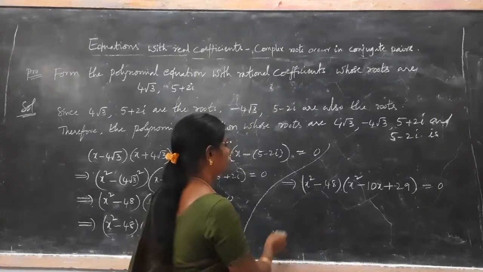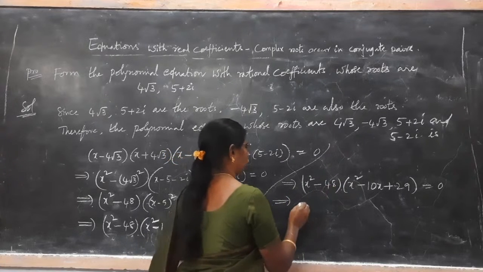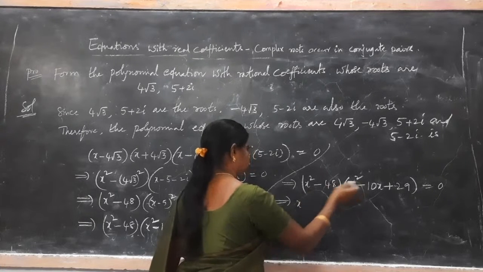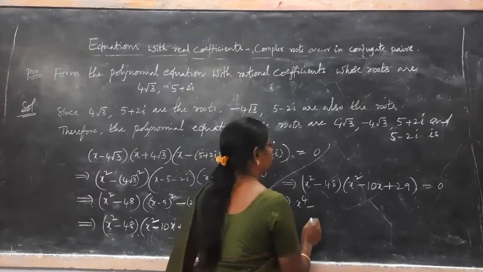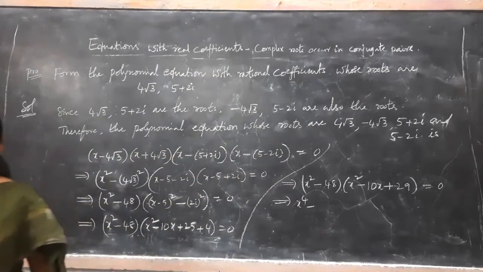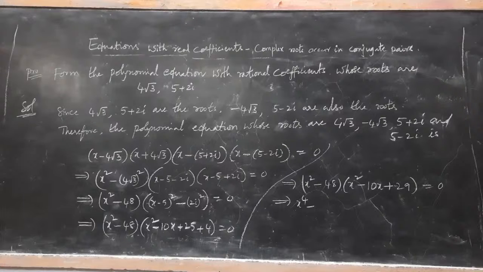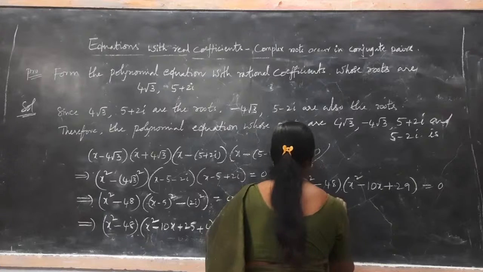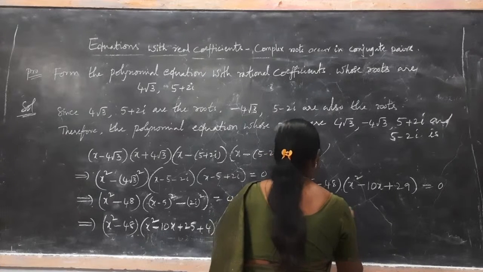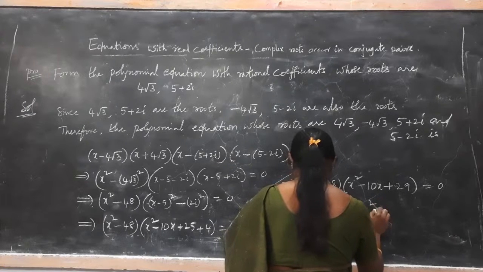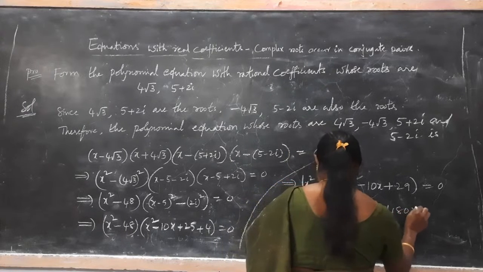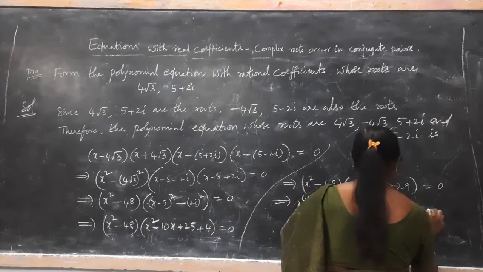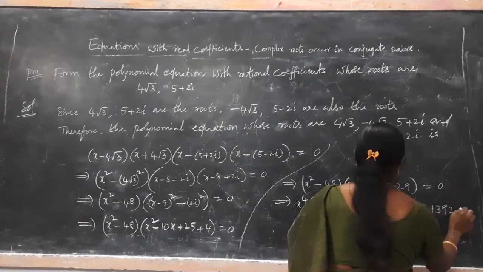So after multiplying the two factors, we get x power 4 minus 10x cube, very simple, minus 10x cube minus 19x square plus 148x minus 48 into 29 is equal to 0.